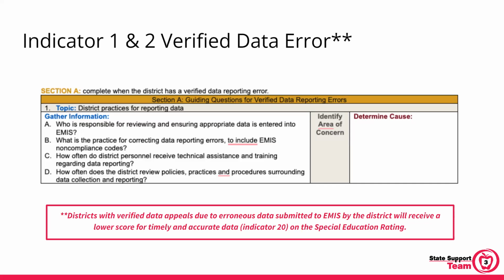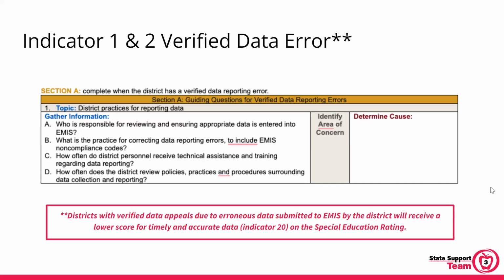It is important to remember, especially for those districts that may have both a verified data error and have not met or have exceeded the threshold for indicator 1 and 2, that this will reflect negatively through indicator 20. You will receive a lower EMIS score for timely and accurate data, indicator 20.